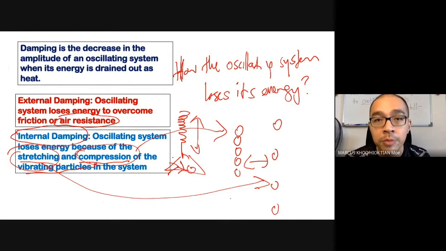The molecules in the system have to constantly move, stretch and compress. Because of that, it's going to lose energy, and that one we call internal damping. So external is because of air friction, internal is because of the loss of energy of the molecules due to stretching and compression.